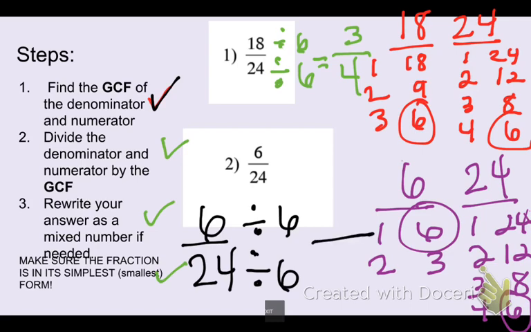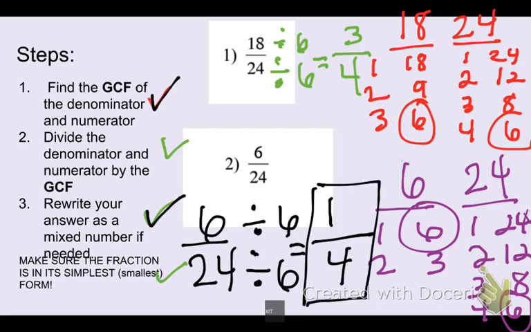I know that 6 divided by 6 is 1 and 24 divided by 6 is 4. So my new fraction is 1/4. That is in its smallest form, and we rewrote it if we needed to, which we didn't, so it's in its smallest form. We are done and ready to move on.